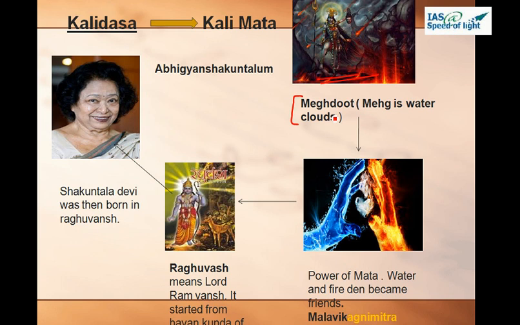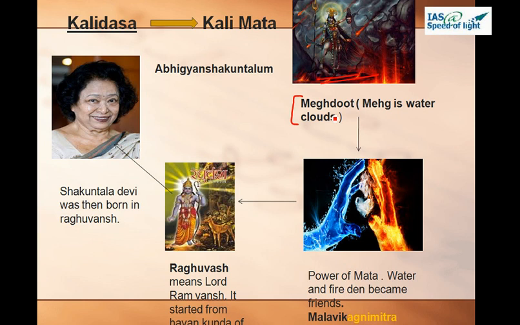So who is the carrier of water clouds? It is Kali Mata. Now see that picture. See that clear, emotional picture. Otherwise, it won't be there in your mind for long. So Kali Mata looking at the clouds, and just by looking at the sky, she's able to bring water clouds there, and then it started raining.